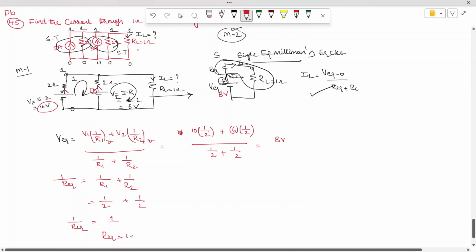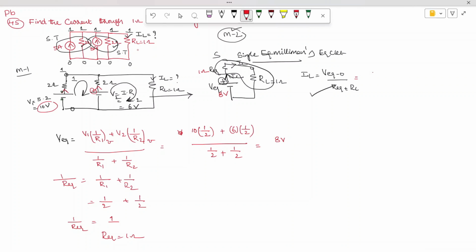Therefore R equivalent is equal to 1 ohm. Just substitute here: IL is equal to 8 minus 0 divided by R equivalent, which is 1, plus the load, which is also 1. 8 by 2 is equal to 4 amperes, which is the current flowing across the load resistor.